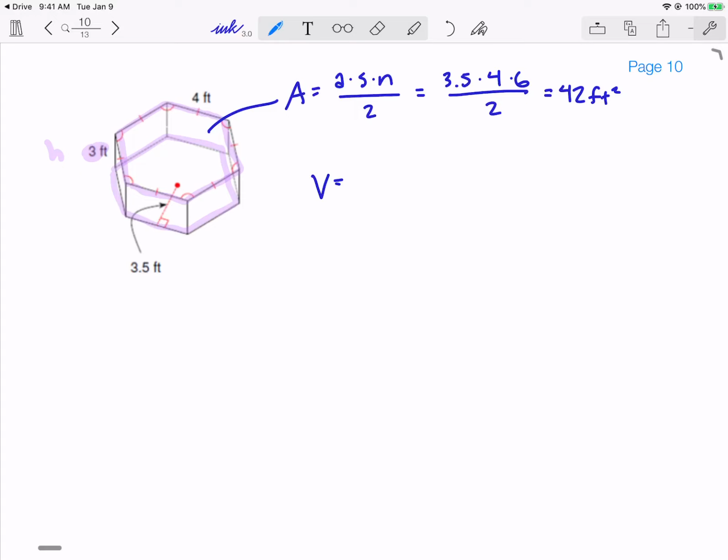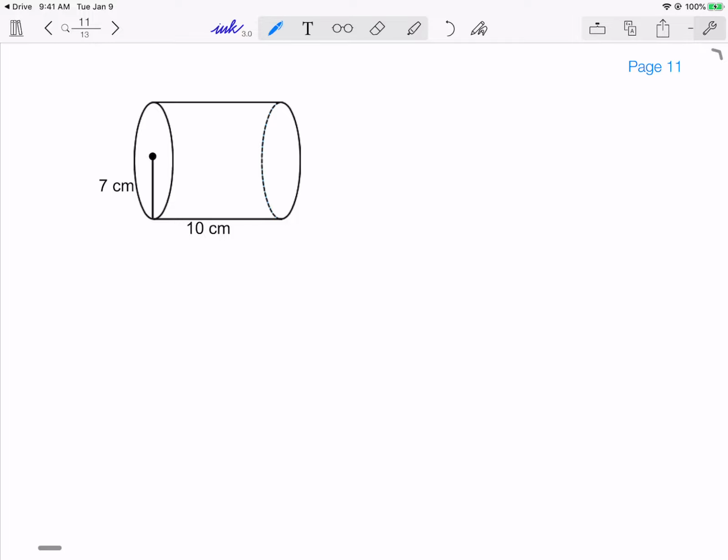So then to find the volume, I multiply the area of that hexagon times the height, so 42 times 3, which gives me 126 feet cubed. So again, area of the base times the height gives me the volume of my hexagonal prism.